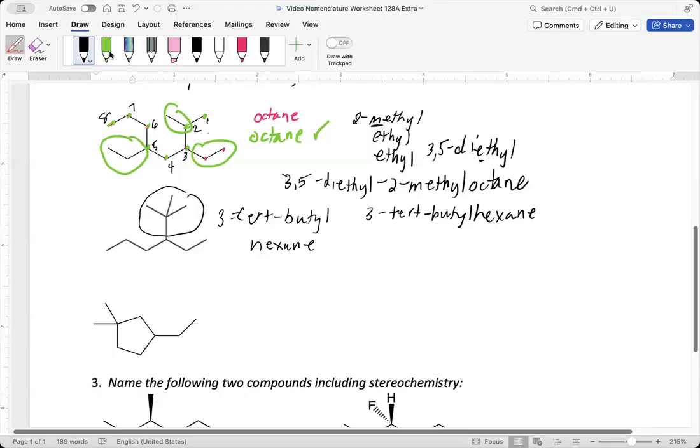However, if I number this compound starting up at the top here, 1, 2, 3, 4, 5, 6, my parent is still hexane, but you can see I get more substituents out of this. So at the 2 position, I'm going to have 2 methyl groups, and at the 3 position, I'm going to have an ethyl group.